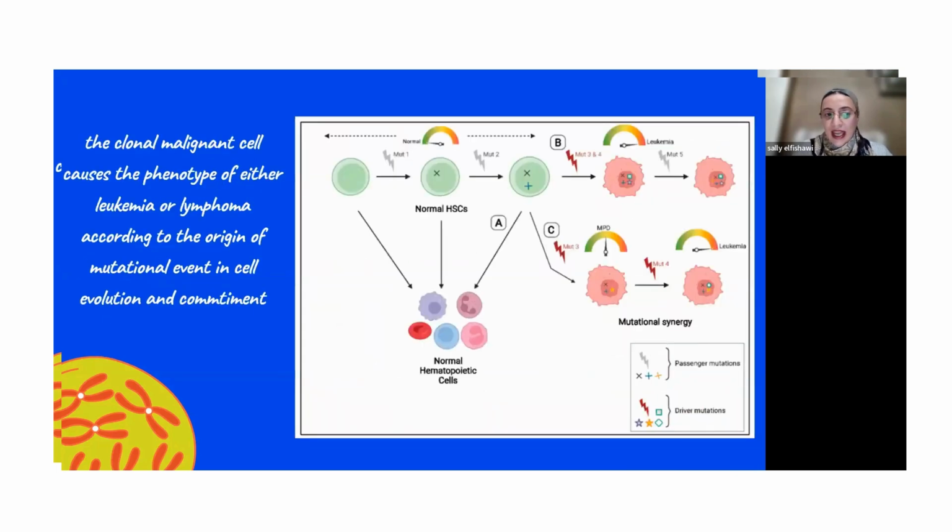This clonal malignant cell is lineage specific, according to the mutation that happened in the stem cell, either myeloid or lymphatic, according to the commitment of the cell in the myeloid or lymphatic series.